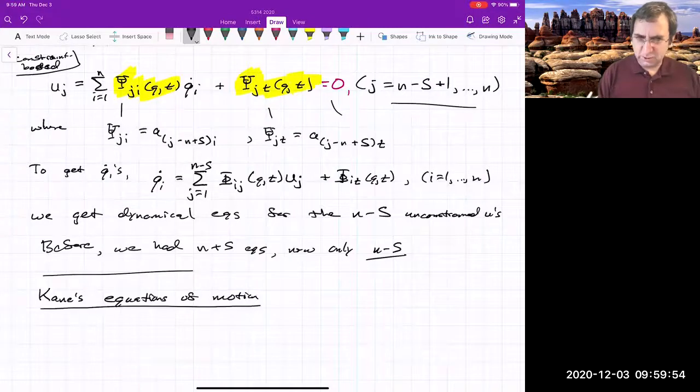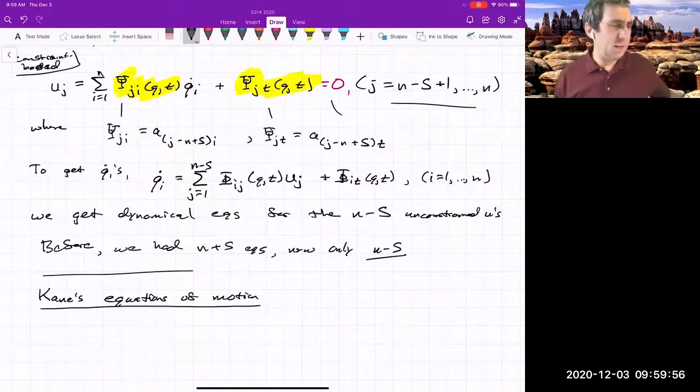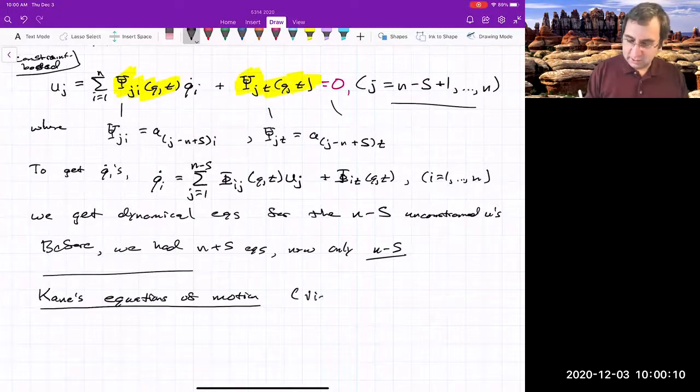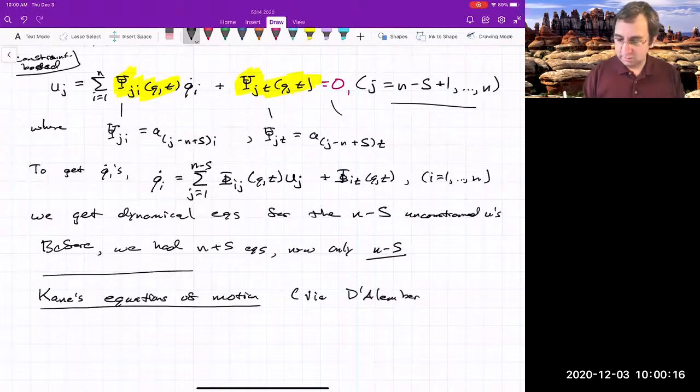If you've seen anything about this, there's also the name Jourdain, who did something in the early 1900s. I think he wrote a principle, but Kane's name seems to be more associated with it now. But it's basically just using D'Alembert's principle, but using quasi-velocities to write everything.